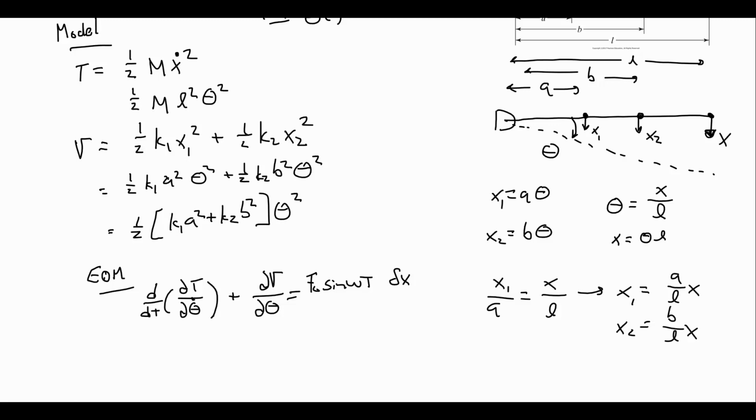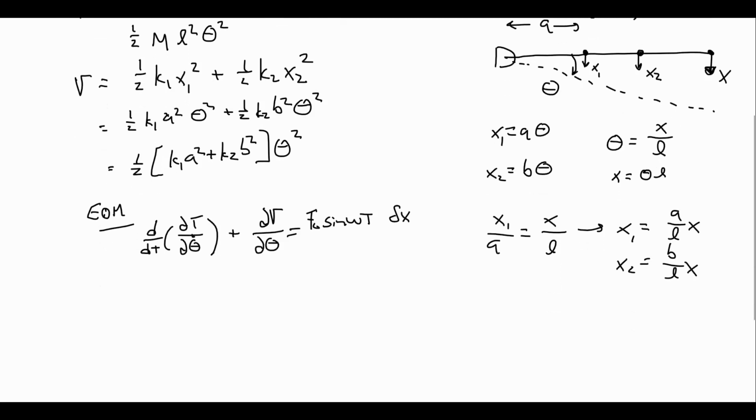So what I actually do want to do here is I can resolve my left-hand side. And it's going to be then the m L squared theta double dot plus k1 a squared plus k2 b squared theta. And what I want to do here is I can replace this delta x, again using this conversion that x is going to be L delta theta.